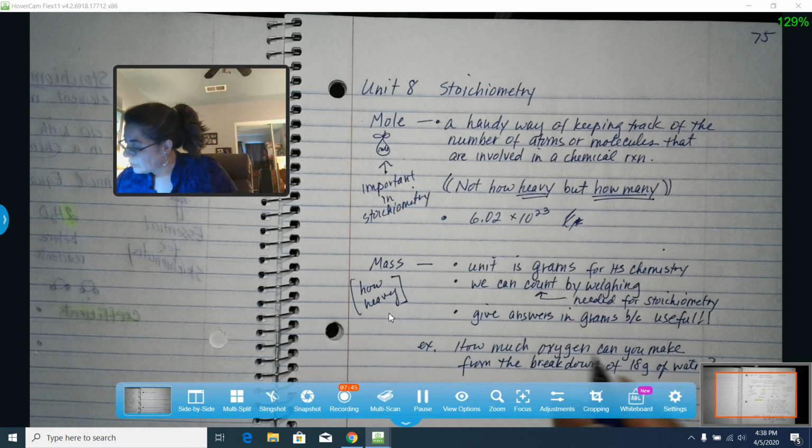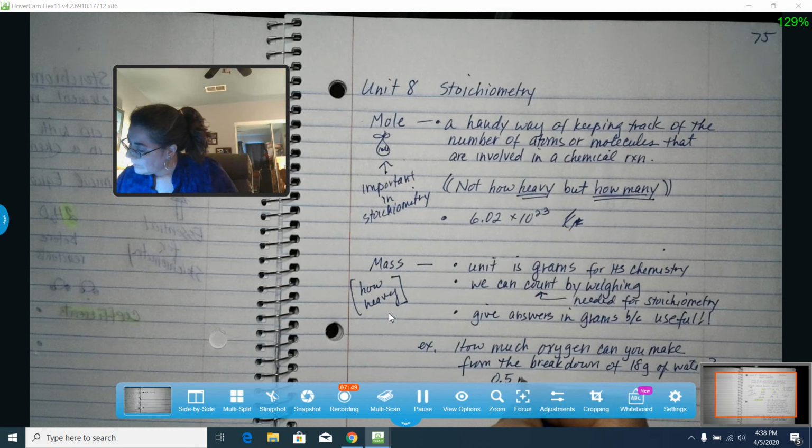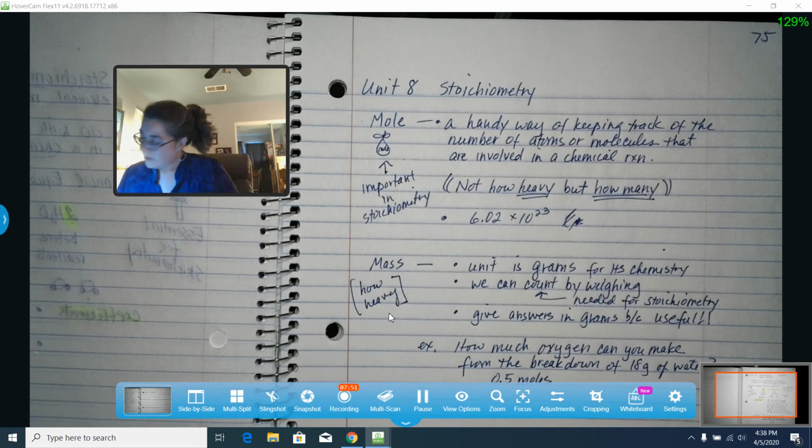And the answer, which you're going to learn how to do later, is 0.5 moles. Okay, so the problem with that answer is it is not useful.